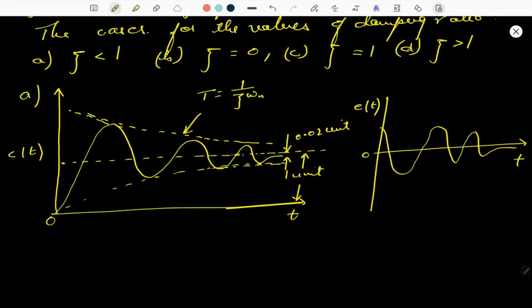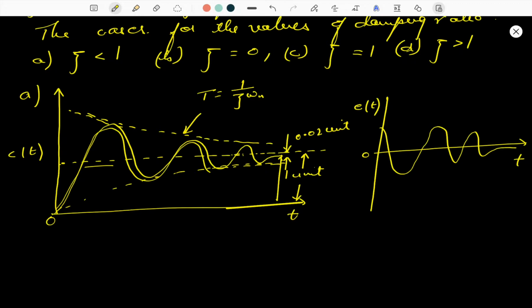The output is coming with oscillations along the output response line, and after a few oscillations at this point we are getting 0.02, meaning 98% of oscillations are damped out and only 2% remain.